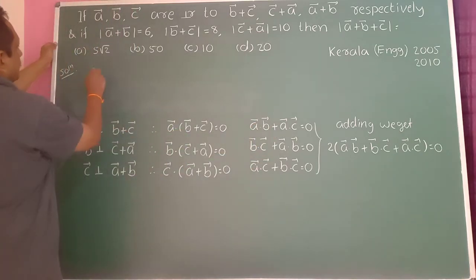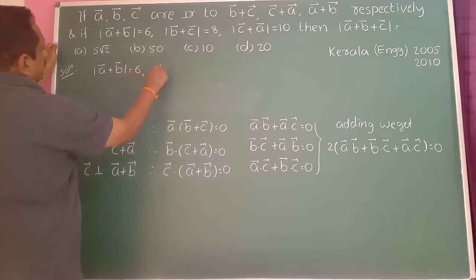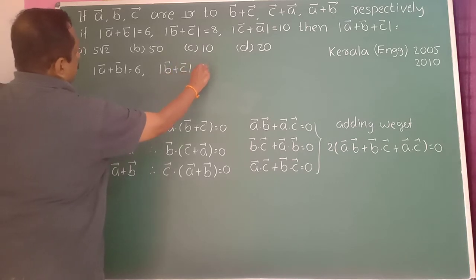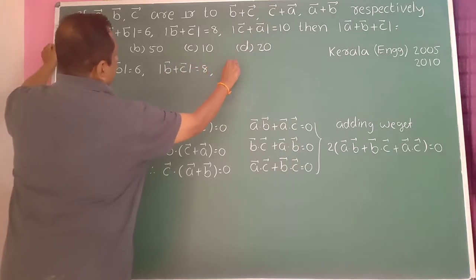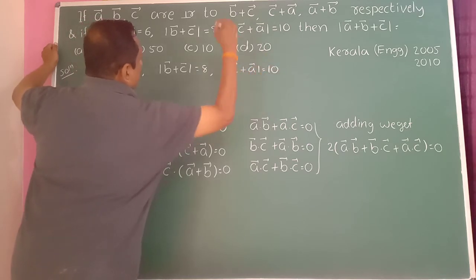And in this case they have given modulus of a bar plus b bar is equal to 6, modulus of b bar plus c bar is equal to 8, and the modulus of c bar plus a bar is equal to 10.